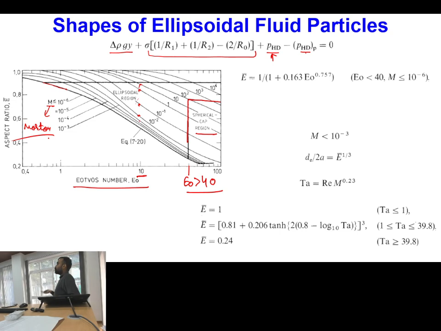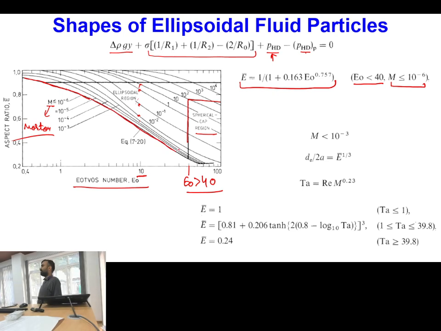If it is coming closer to 1, it means that upon increasing the Morton number, the deviation in shape from the spheroid is less, and for low Morton number values, the deviation from the spheroid shape will be highest. Typically for Eötvös number less than 40 and Morton number less than or equal to 10 to the power minus 6, this is the empirical equation with which you can predict the aspect ratio.